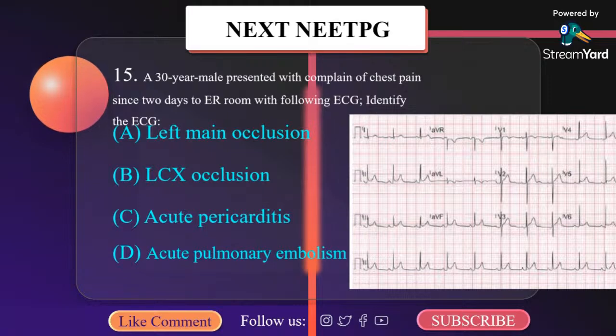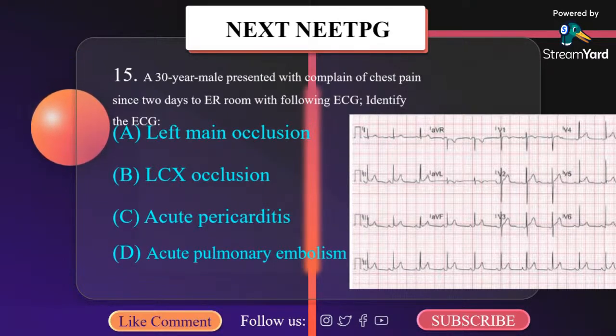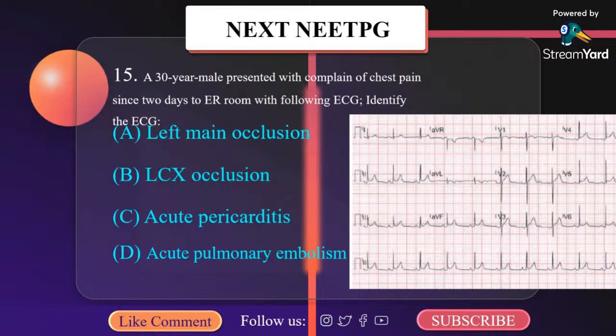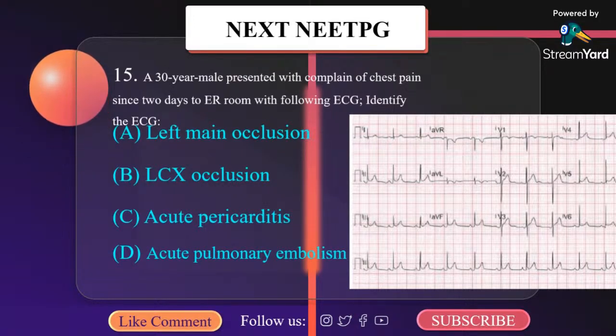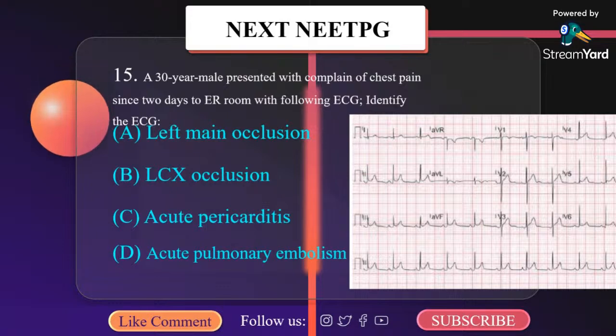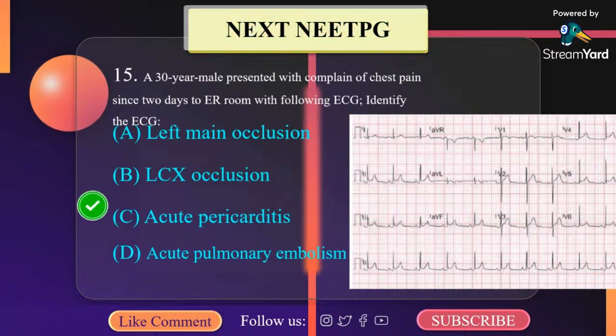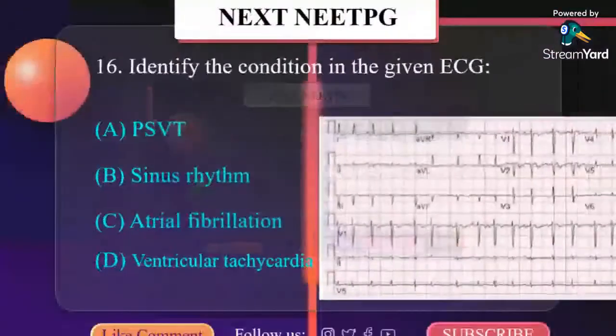D. Acute pulmonary embolism. There is a diffuse ST elevation in all leads. The ST segment is upward and the PR segment is depressed. T wave inversion with or without ST segment depression. So the correct option here is C, acute pericarditis.